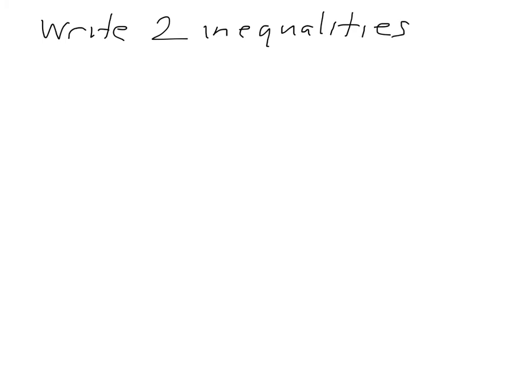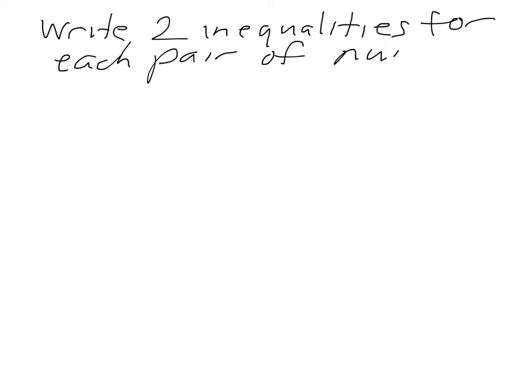But I'm going to give you a bunch of problems that I want you to try, and then we'll see how you do. The first set of problems I want you to try is I want you to write 2 inequalities, using greater than or less than, for each pair of numbers.